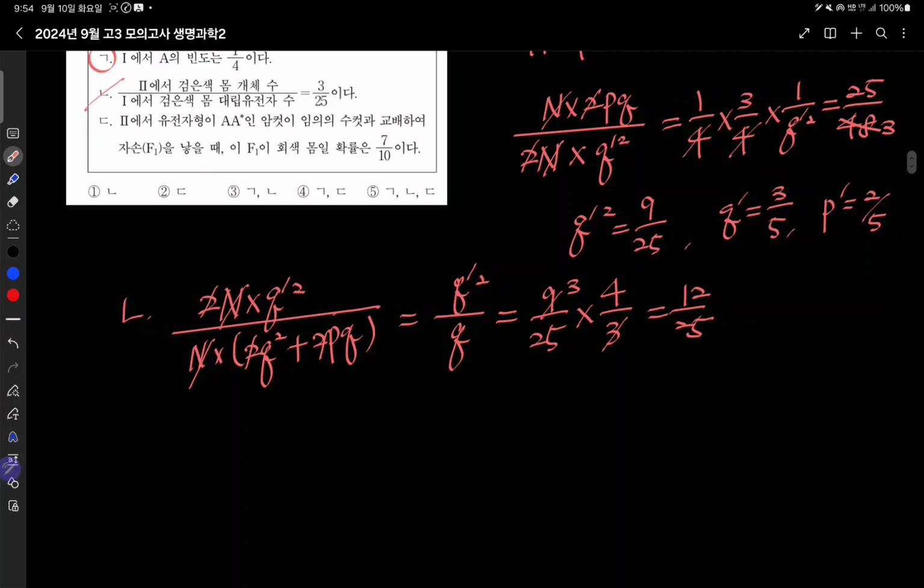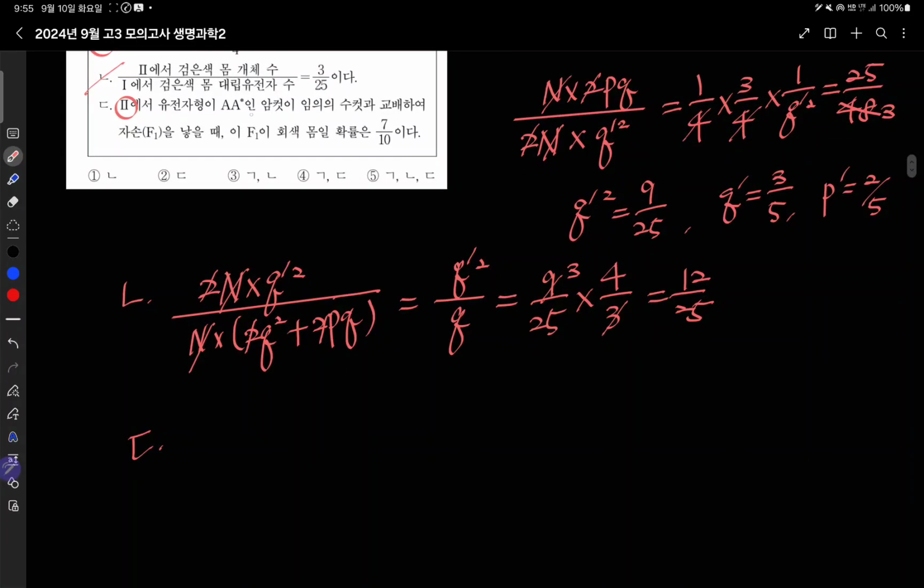And for the third statement, if we look at population 2, a female is heterozygote, and she is going to mate with a male randomly within the population, and we want to find the probability for the offspring to have a gray color.